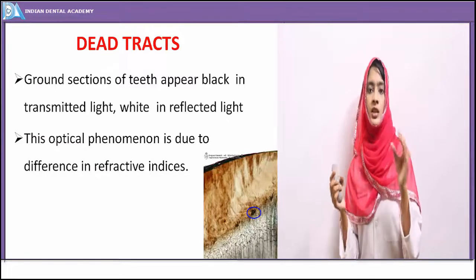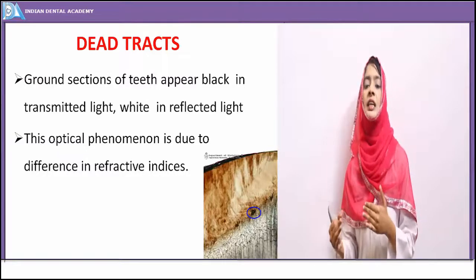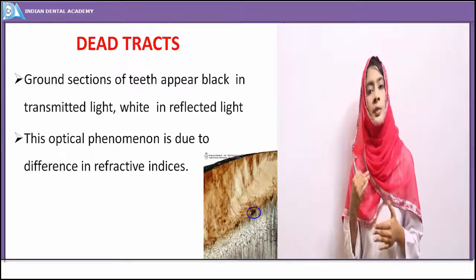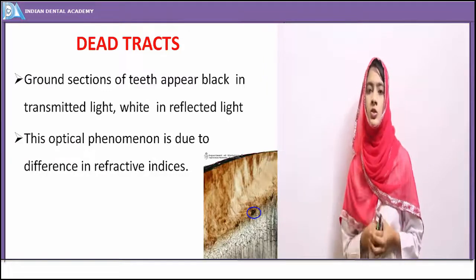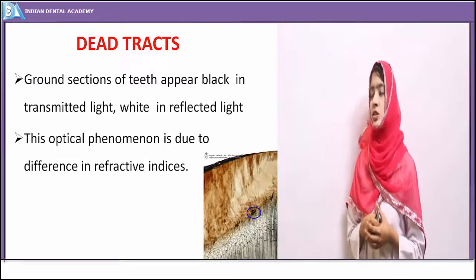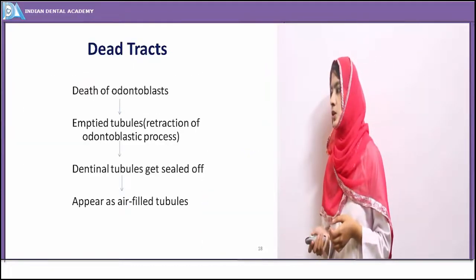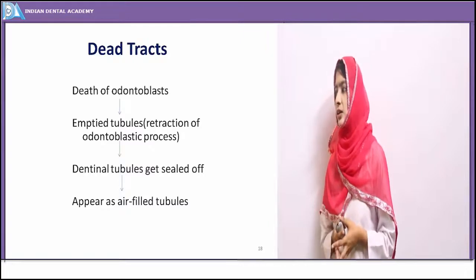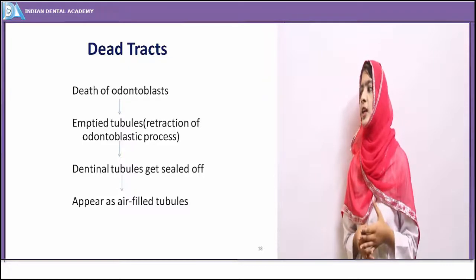The difference between the exposure in transmitted and reflected light is because of the difference in the refractive indices of the tooth. These are nothing but tortuous deposition of the dentinal tubules in response to trauma. So dead tracts are just an optical phenomenon.